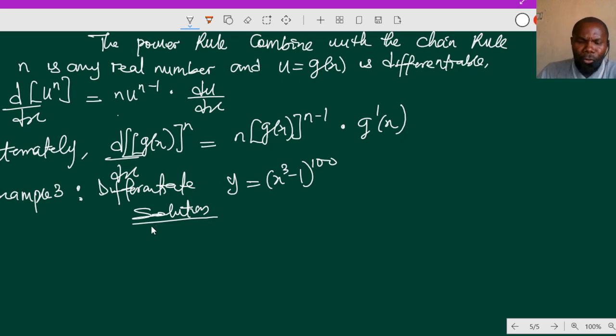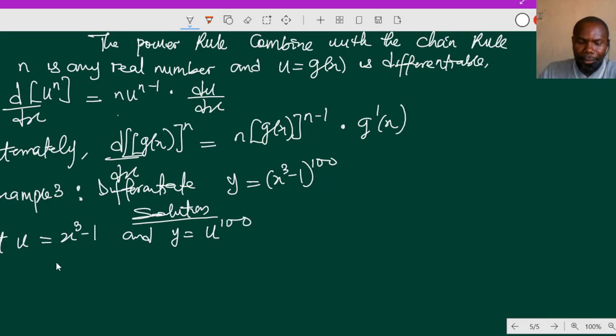So how do we solve this? Let u equal x cubed minus 1 and y is equal to u raised to the power 100.